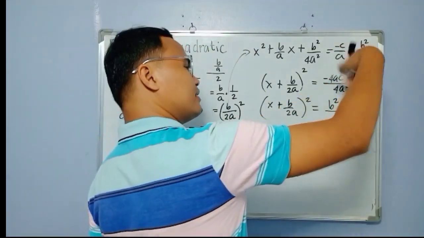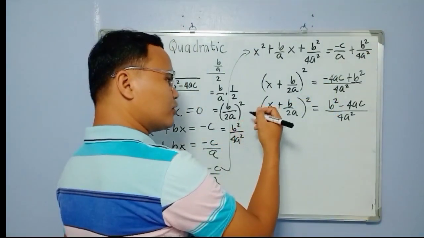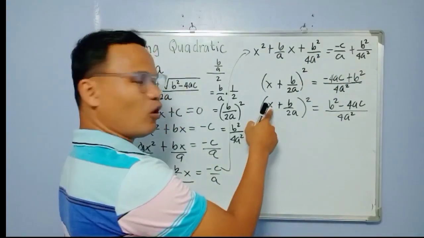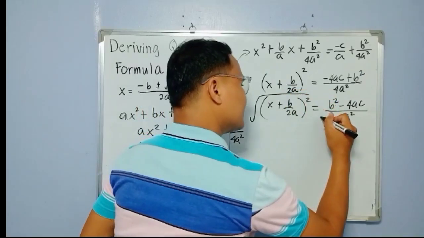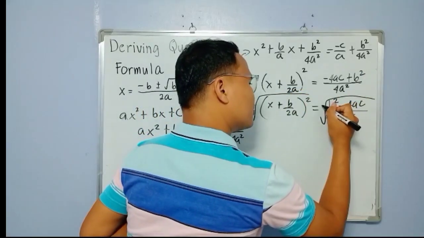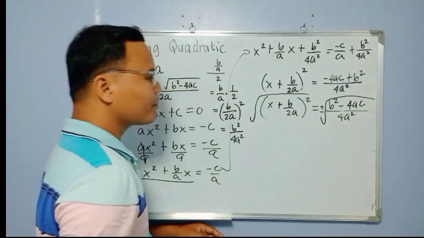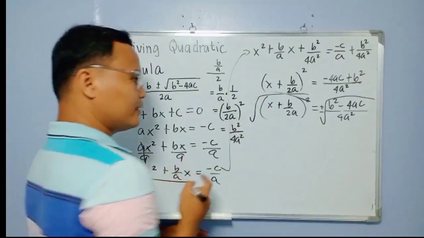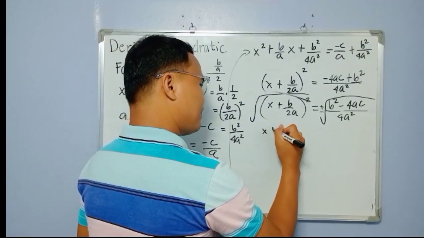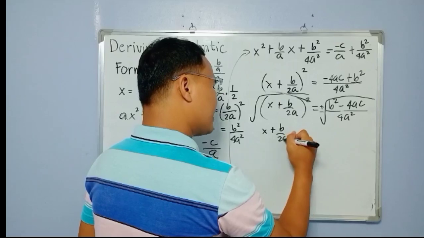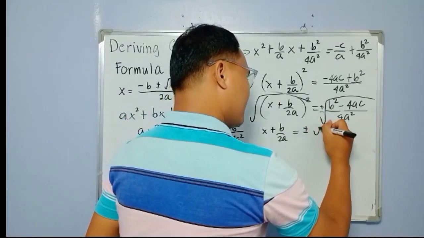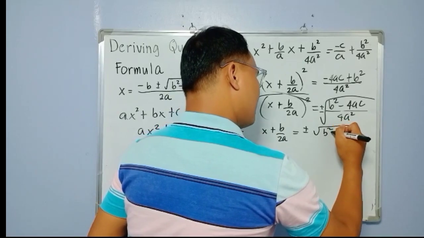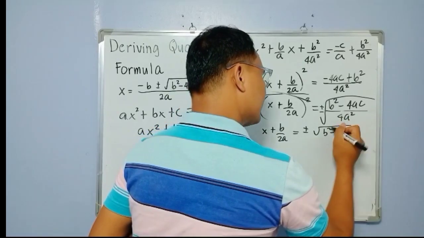Then since we are done adding the right side, we are going to take the square root of both sides to solve for x. And do not forget to put positive and negative here. This will be cancelled out. So it becomes x plus b over 2a equals positive negative, okay, b squared minus 4ac.